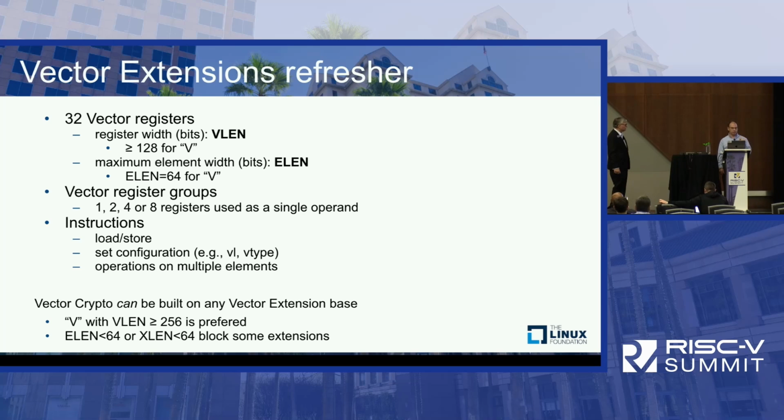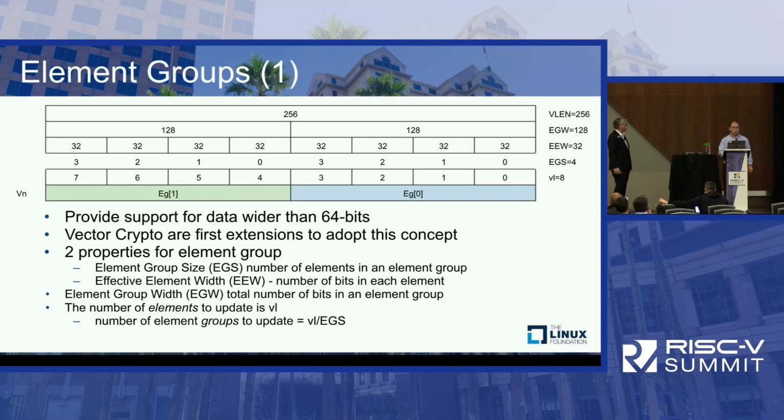ELEN, as I was saying, for vector, is the maximum element width. If ELEN is less than 64, there are some instructions that won't work. And these are all in the specification. The specification is near ready to freeze, so we encourage you all to go look at that and let us know if you have any comments or questions.